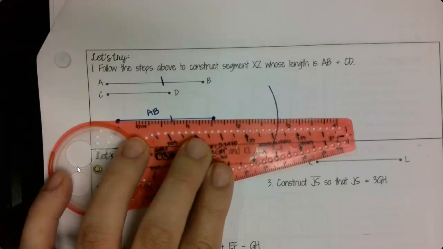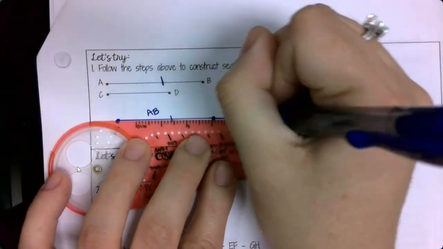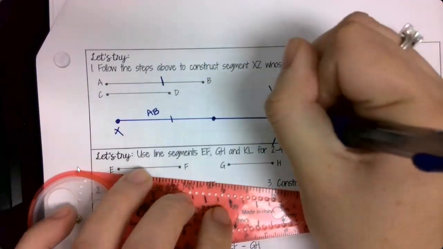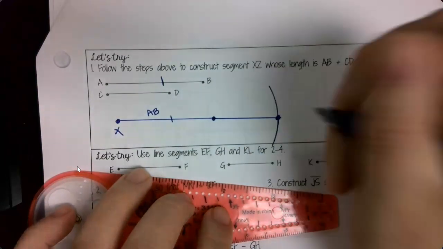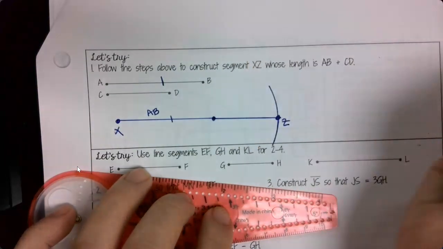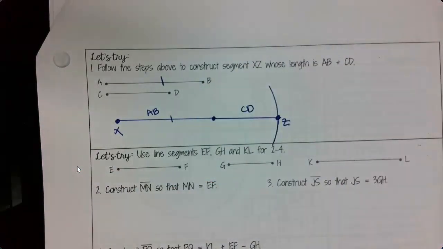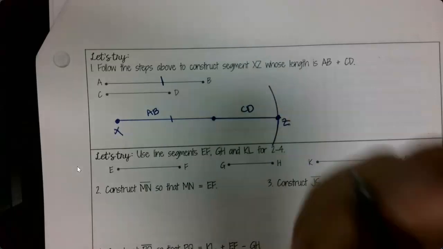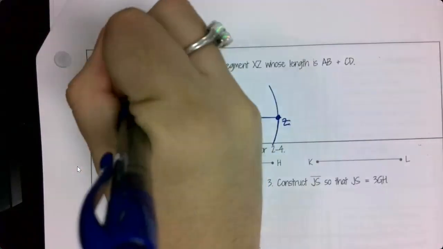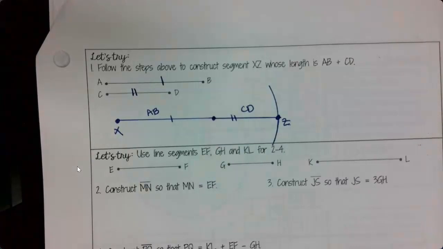So then I line my straight edge back up to my other line. And where that line crosses the arc is where my Z point is going to be. And then I'm going to mark this one with double lines to show that it's the same way.